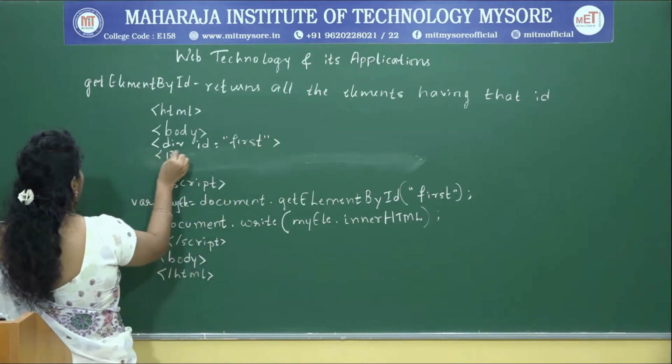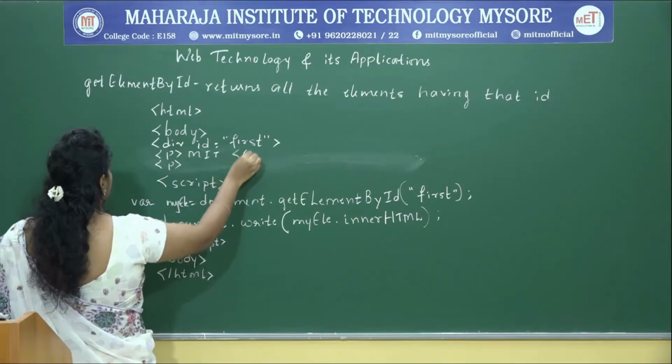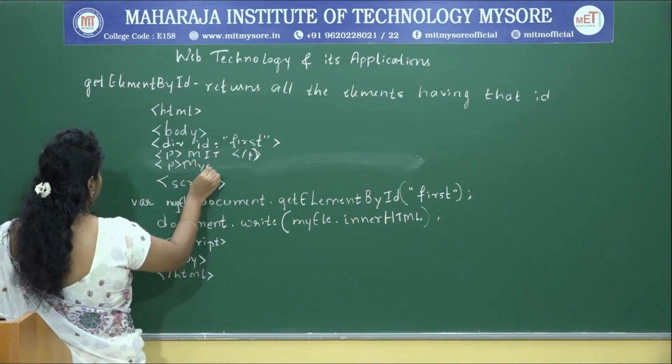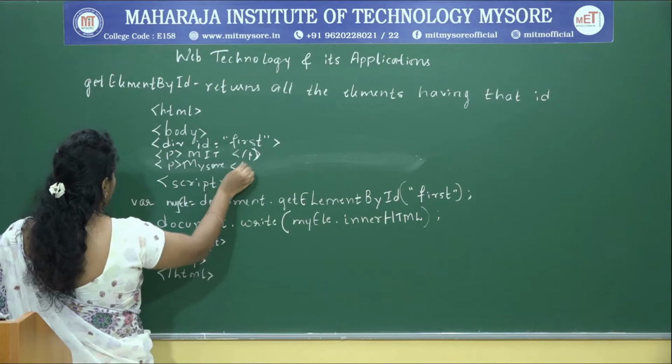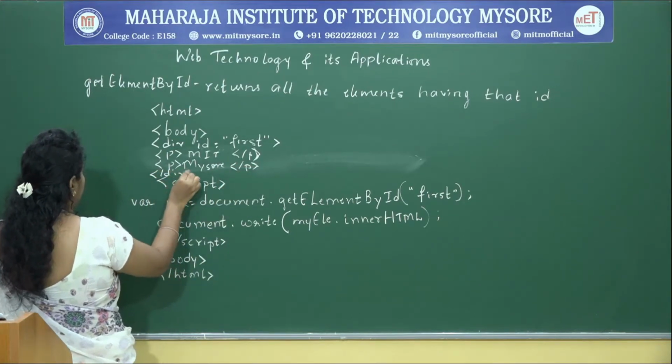Then I will take two paragraphs here: this is MIT and this is Mysore. Finally close the div.